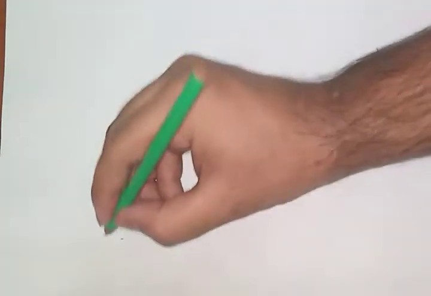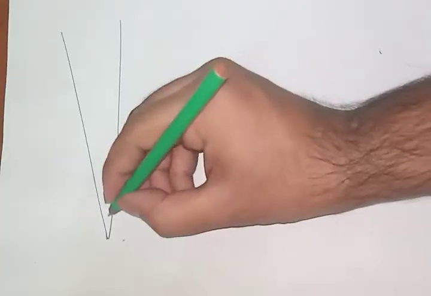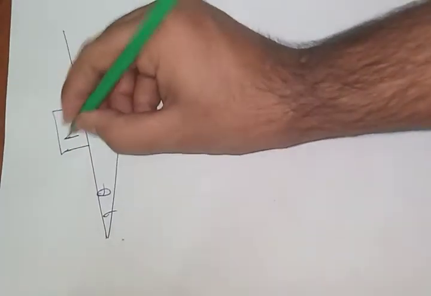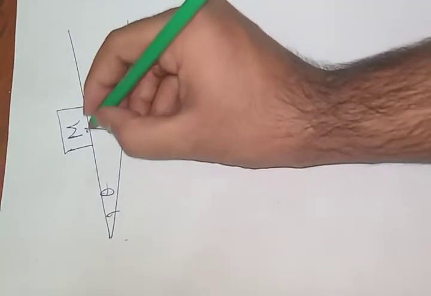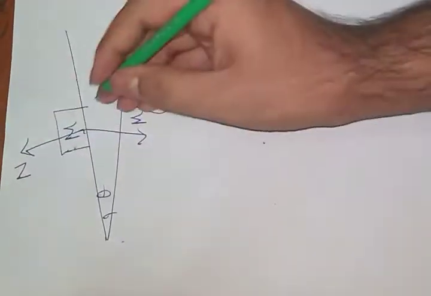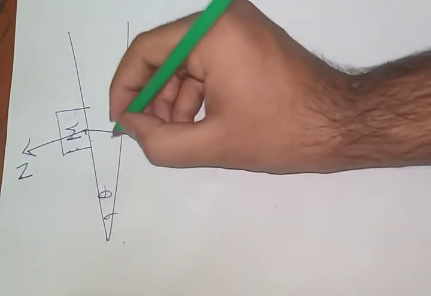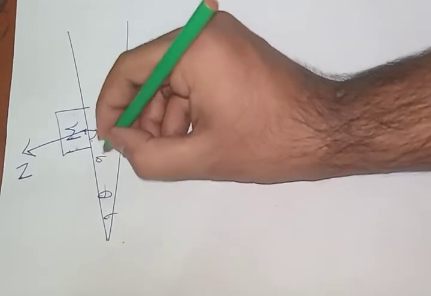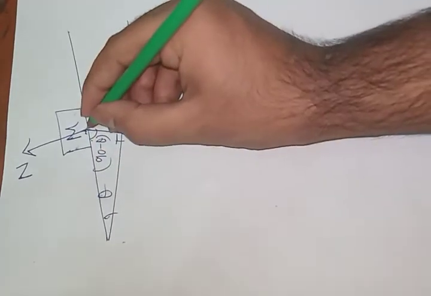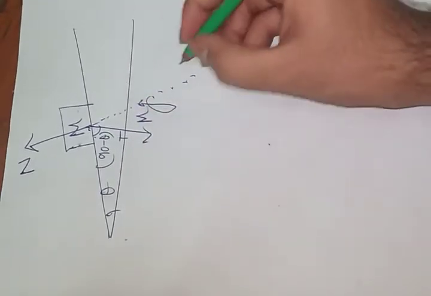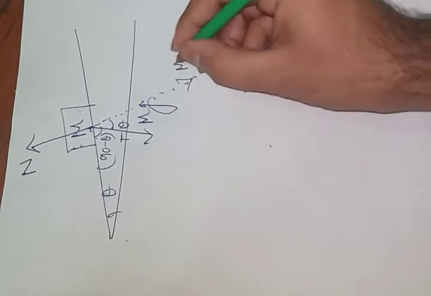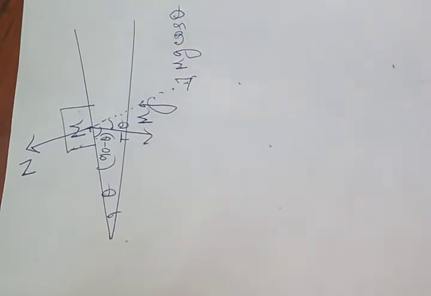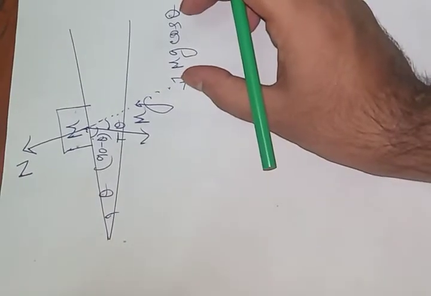So in this question there's an inclined plane, right? There's the angle theta, and a block of mass m, and vertically downward that is mg, and this is the normal reaction force, perpendicular. This angle is 90 degrees, so this angle is 90 minus theta, and this is theta, and the component of mg is mg cos theta.